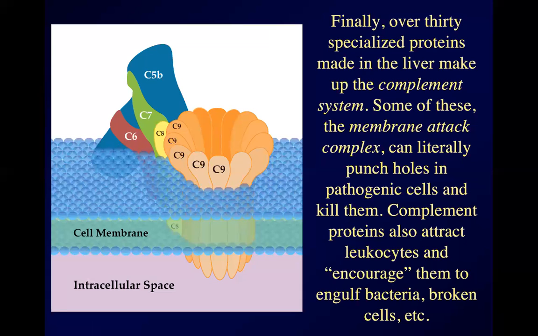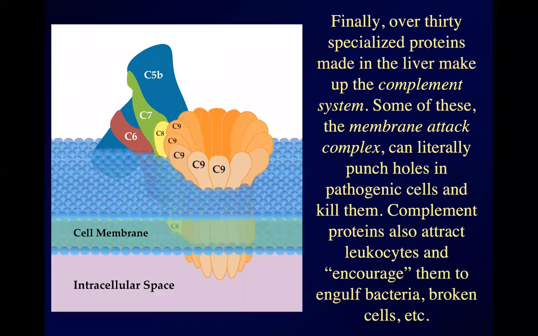These proteins attach to each other one by one, and once the C9s are in place, they open up a hole into a bacterium, let's say, and blow it open. Right? So these are like, I don't know, your anti-tank rockets, I guess. Complement proteins also attract leukocytes and stimulate them to engulf bacteria and broken cell bits and things like that.